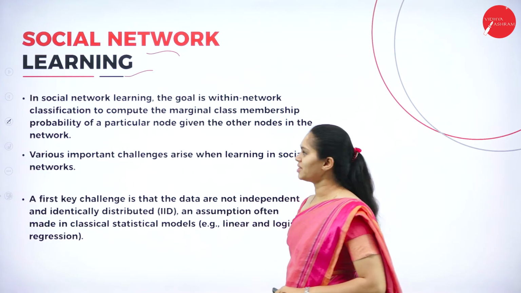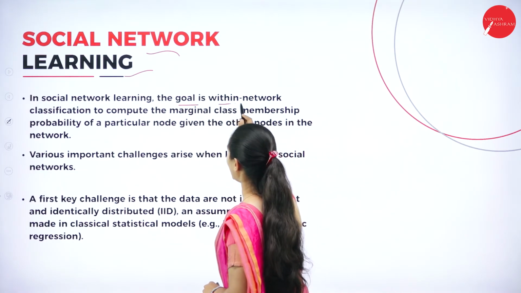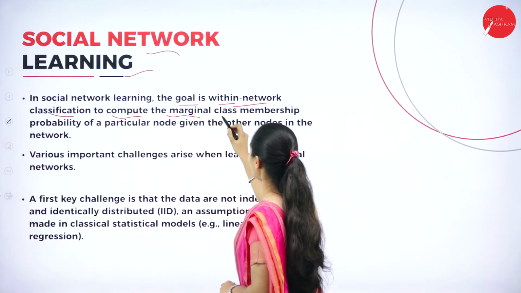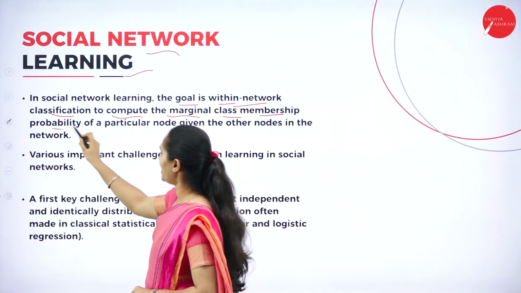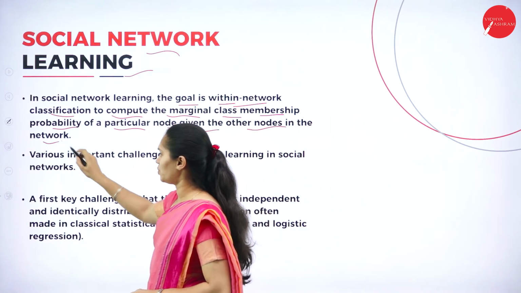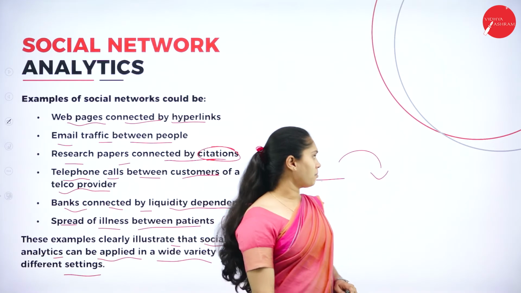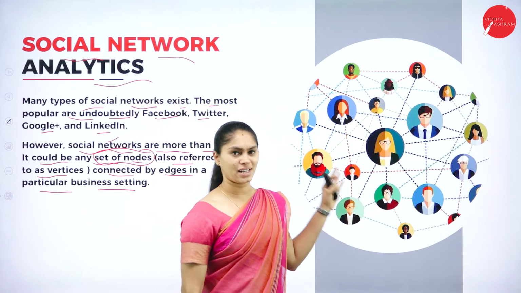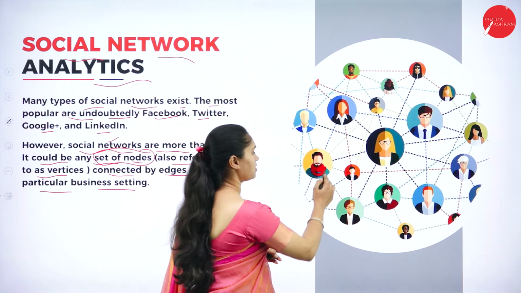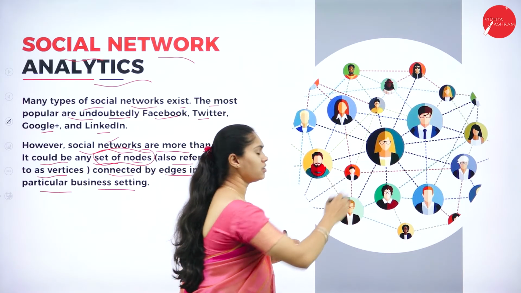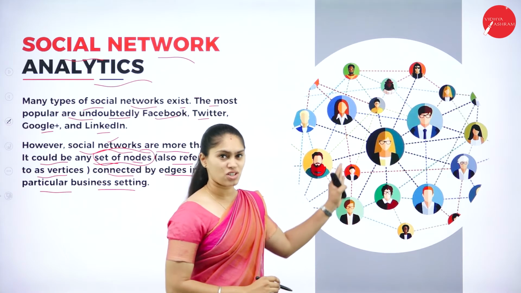In social network learning, the goal is, within network classification, to compute the marginal class membership probability of a particular node given the other nodes in the network. If you see this image, you can understand the probability. For example, this person or social media node is connected to how many other nodes of a single membership class.